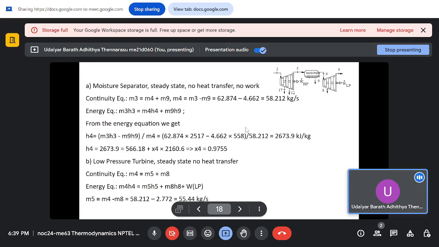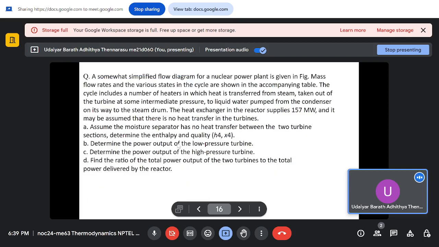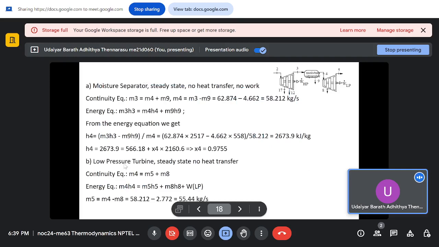Next is to find the low pressure turbine power output. So we'll do again a mass balance and energy balance across the low pressure turbine, because we have two exit streams in the turbine. Initially we know the inlet M4, and M4 equals M5 plus M8.